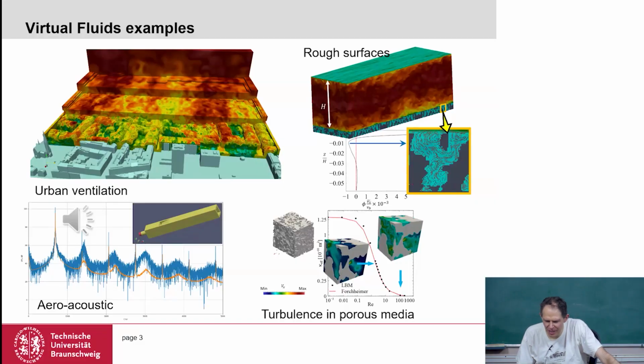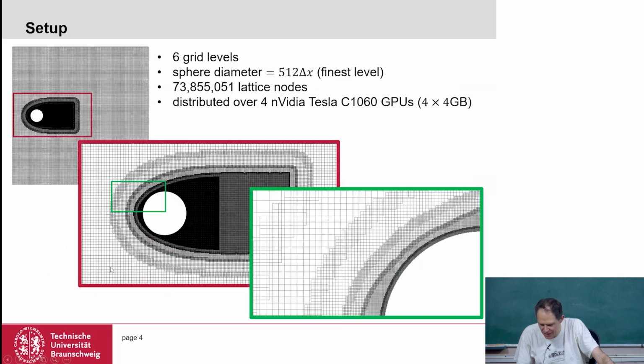Okay, examples that have been done with this cumulant method: flow through porous media, urban simulations, this is a part of Basel, and acoustic simulations.